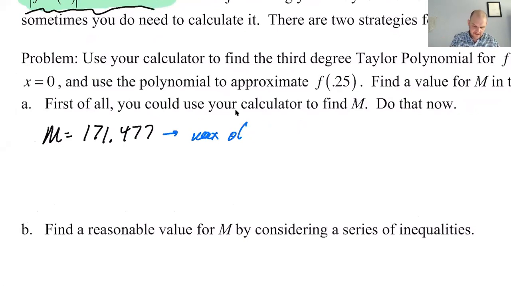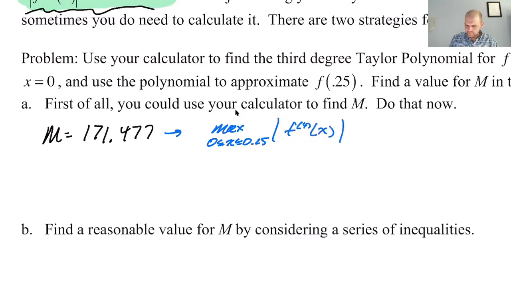There's a weird way they sometimes write this for the AP exam. So it's the maximum on the interval from 0 to 0.25 of the absolute value of the 4th derivative, and this was equal to M.